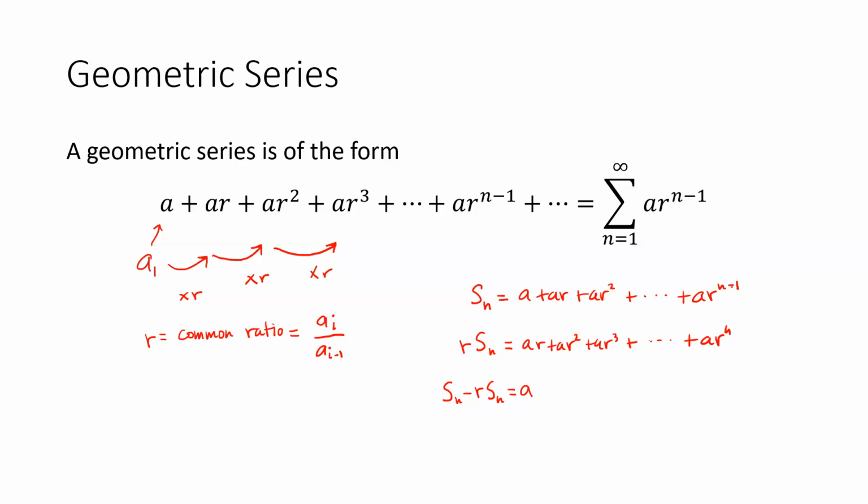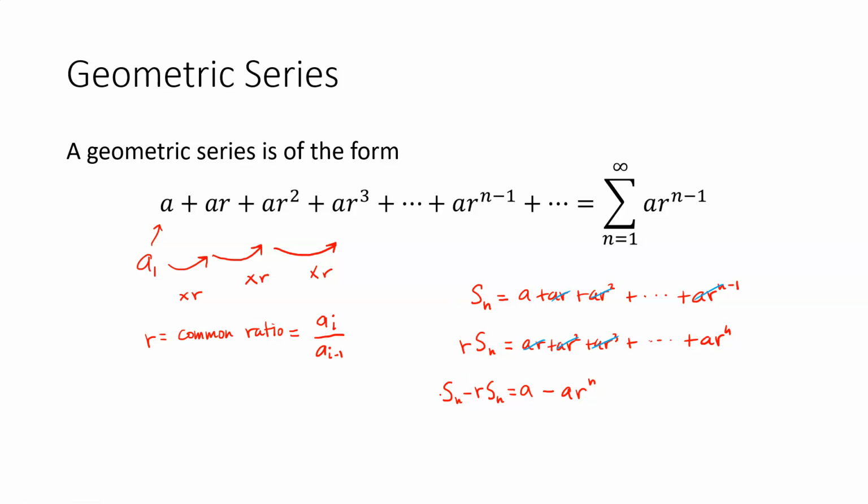And then I'd have ar^(n-1) minus ar^(n-1). But then I would have also minus ar^n. It doesn't cancel. So basically all the stuff in between is canceled when I subtract. But what remains is a minus ar^n.